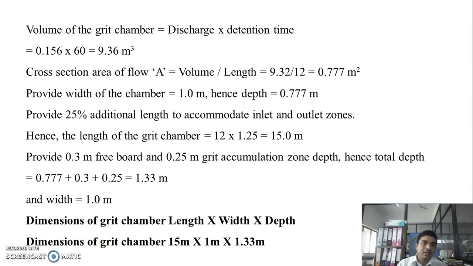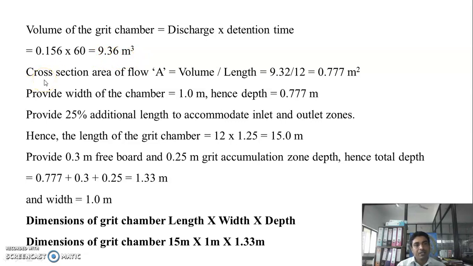Next is the volume of the grit chamber. Taking the product of discharge into detention time, 0.156 into 60 seconds, we get the volume as 9.36 meter cube.